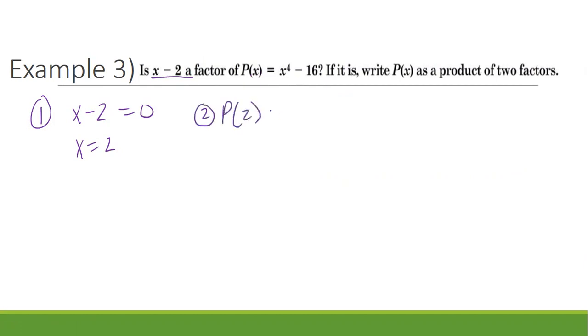So we're going to do p of 2 equals 2 to the 4th minus 16. And this gives us 16 minus 16, which equals 0. Since that is true, then x minus 2 is a factor. So we now know that x minus 2 is a factor of x to the 4th minus 16.